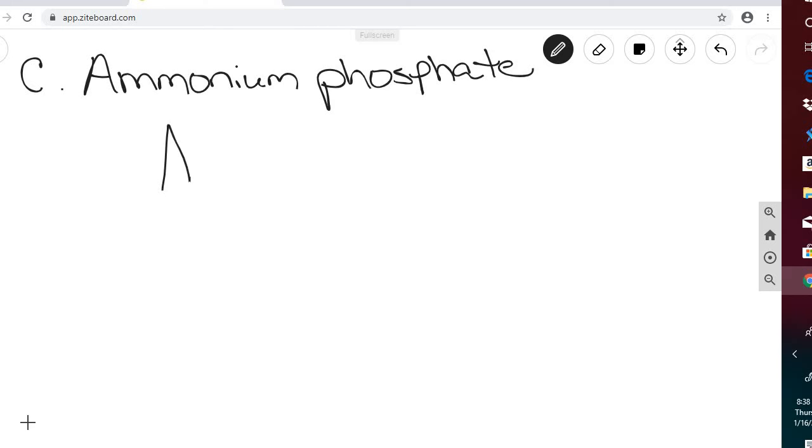So ammonium is NH4, and its charge is +1, and phosphate is PO4, and its charge is 3-.